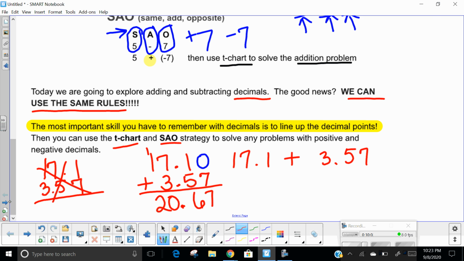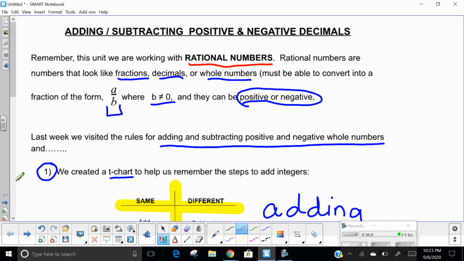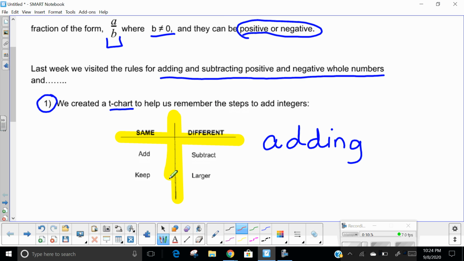Okay, so let's look at an example of how we would actually add with a positive and a negative number. In this case, we're going to notice that my operation is addition. So since this is addition, remember, when we add, we want to use the T-chart because the plus sign in the middle of the T-chart tells me that I need to use it when I add.